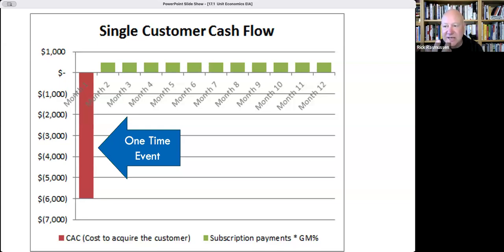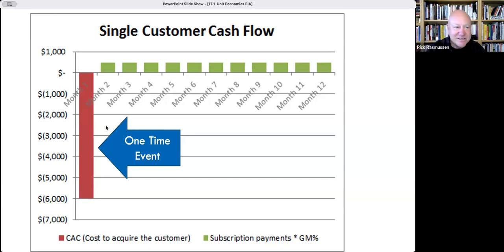If I'm an enterprise software company, I have a salesperson that calls on you. I have advertised and marketed to you. I probably have an installation cost associated with that. Whatever it is, you need to know what your cost to acquire the customer is, and that's a one-time sunk cost, typically.